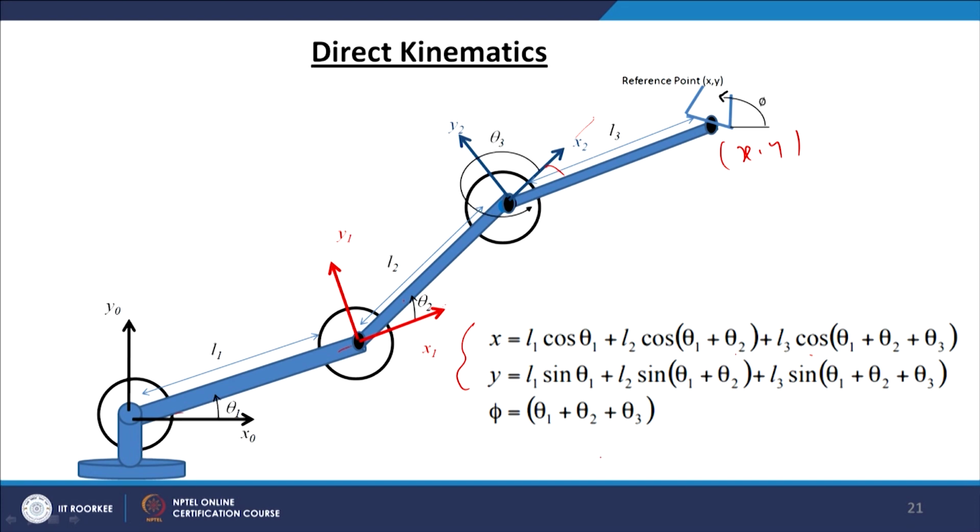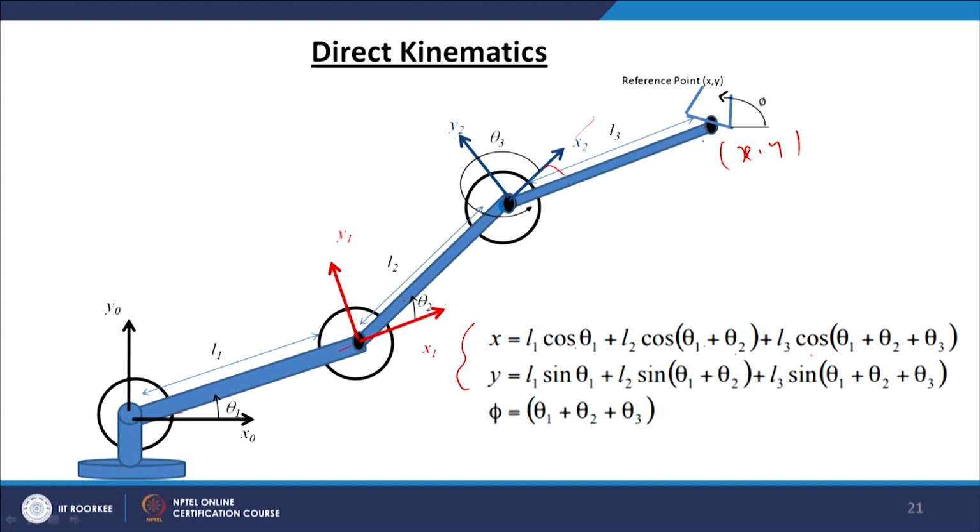Now, if you want to reach an object at a position x y using this 3 arm manipulator, then there are infinitely many solutions, because there are 2 equations and we have to find 3 unknowns, theta 1, theta 2, theta 3. So, there are several solutions for a particular end effector position.